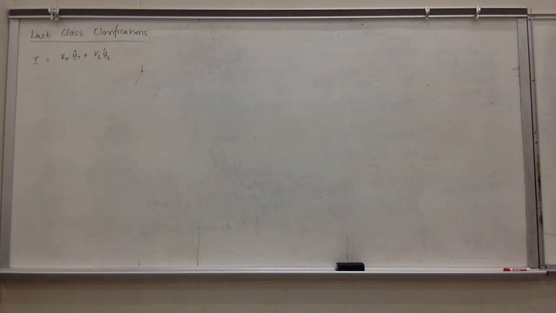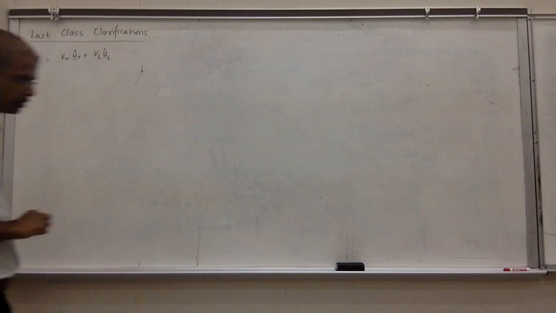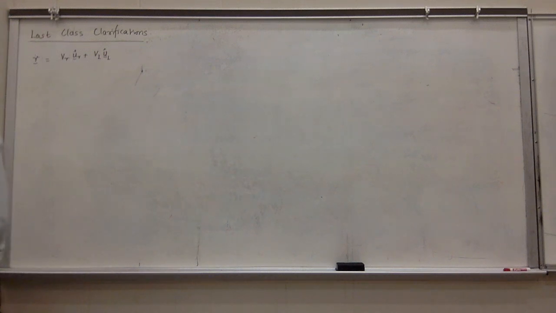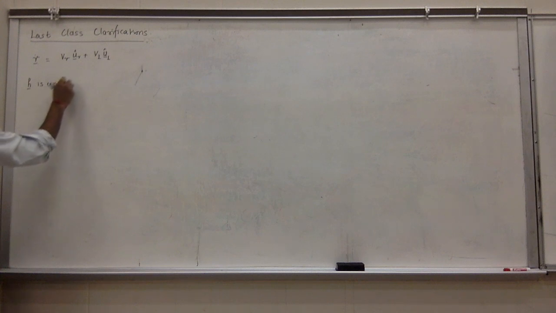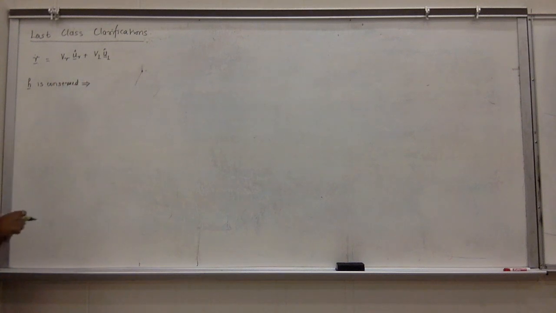You have to keep something in mind, or you have to understand this very clearly. H is conserved, right? In plain English, this is what you learn as aerospace engineering.